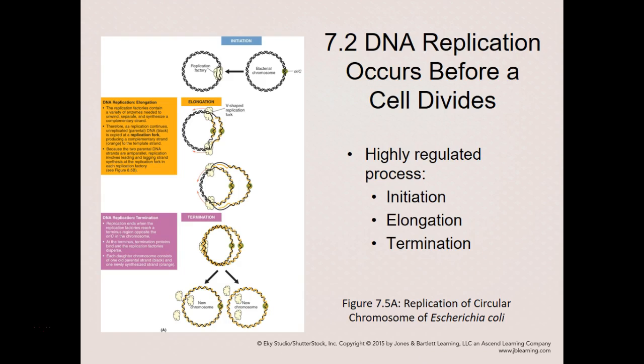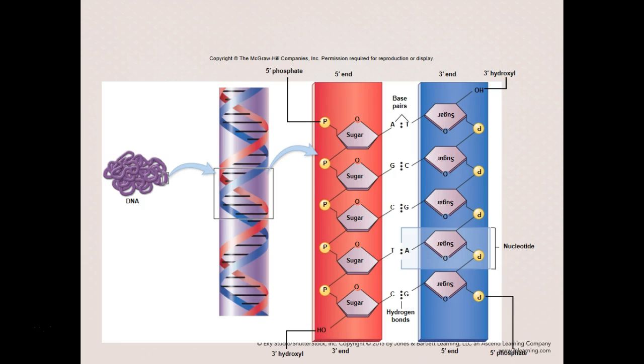Elongation occurs as DNA polymerase moves along the chromosome, allowing new nucleotides to come along. And then the termination, when the DNA polymerase hits the end and comes off, and the new DNA strands can fold up with their parent strand.